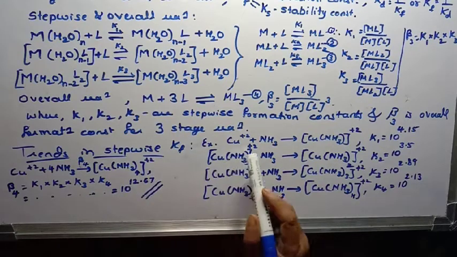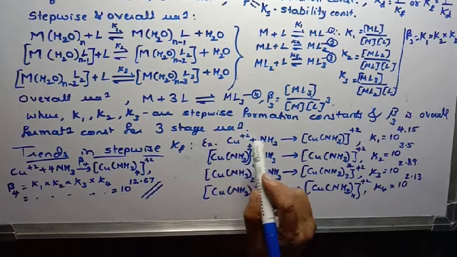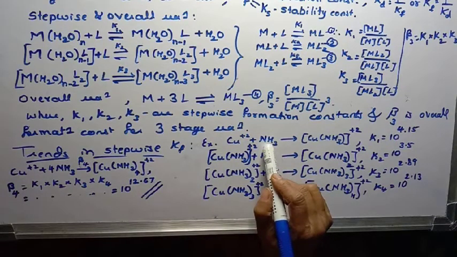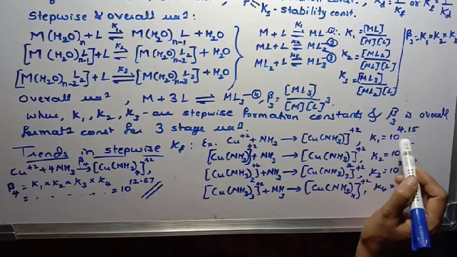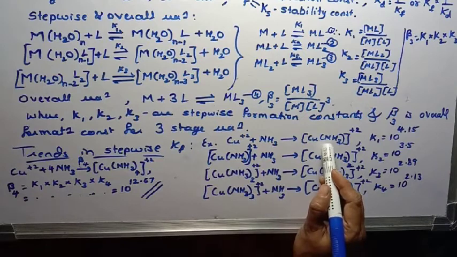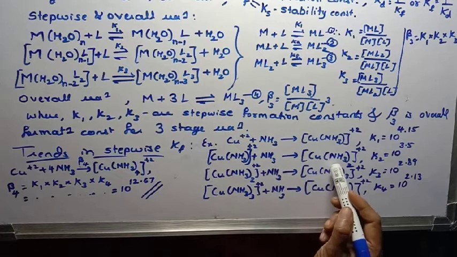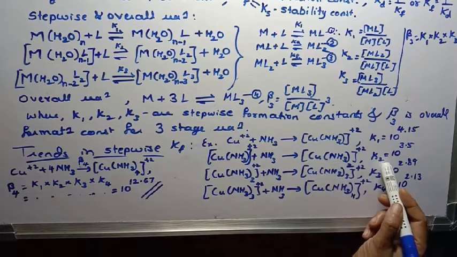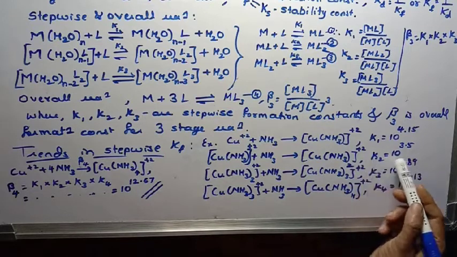Now if you look at the stepwise reactions, Cu2+ reacts with the first NH3, forms this complex, and K1 is found to be 10 raised to 4.15. The formed one, when it reacts with a second NH3, forms this complex, and K2 is found to be 10 raised to 3.5, the formation constant for the second step.